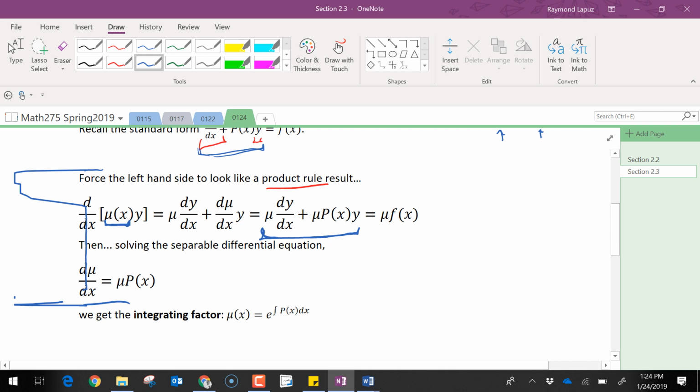And so what is mu? We can go through this argument, but the mu is going to end up looking like this. It's going to be the exponential function raised to the integral of p of x dx.